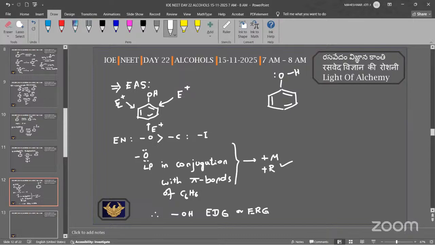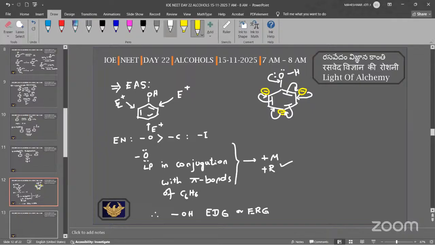See, one of the two lone pairs present on oxygen will be donated into the benzene ring. Now, this carbon gets a negative charge. In the next step, this negative charge will be donated into the benzene ring. Now this carbon gets a negative charge. In the next step, this negative charge will be delocalized here. Now this carbon gets a negative charge.